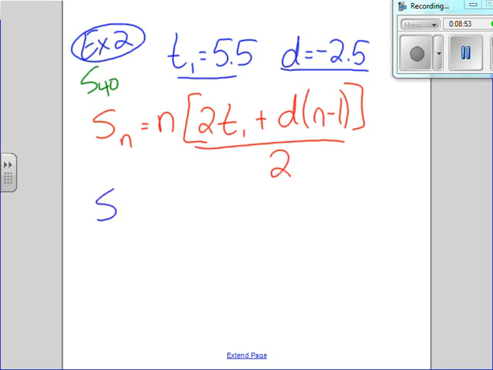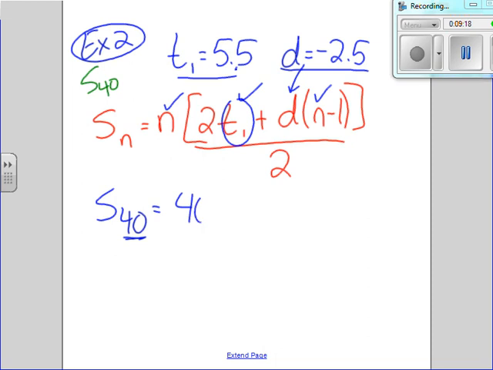So S of 40 is what I'm looking for. So do I have N? Yes, I do. It's 40. Do I have T1? Yes, I do. It's right there. It's 5.5. Do I have D? Yes, I do. It's negative 2.5. Do I have N? Again, yes, I do. So I have all of the information I need in order to figure out what S of 40 is. So I'm going to do that now.